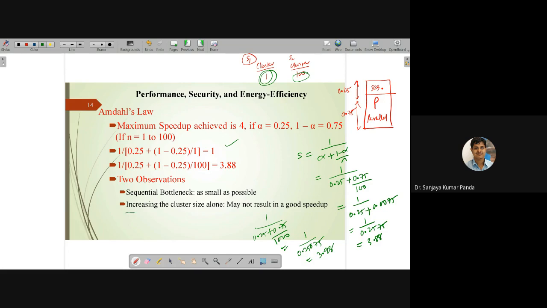Increasing the cluster size alone is not going to increase the speedup. That is the main observation.